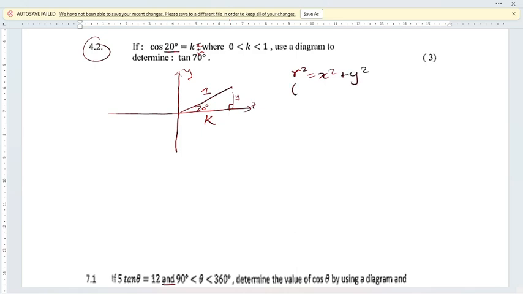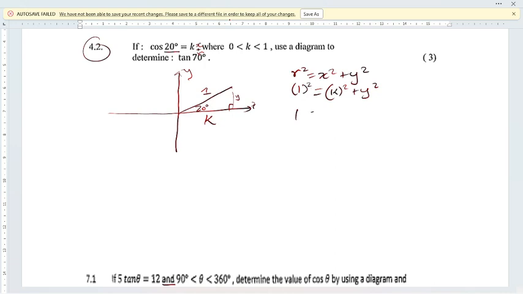What is r? r is 1, so 1 squared. x is k, so we have k squared plus y squared. We are looking for the value of y again.